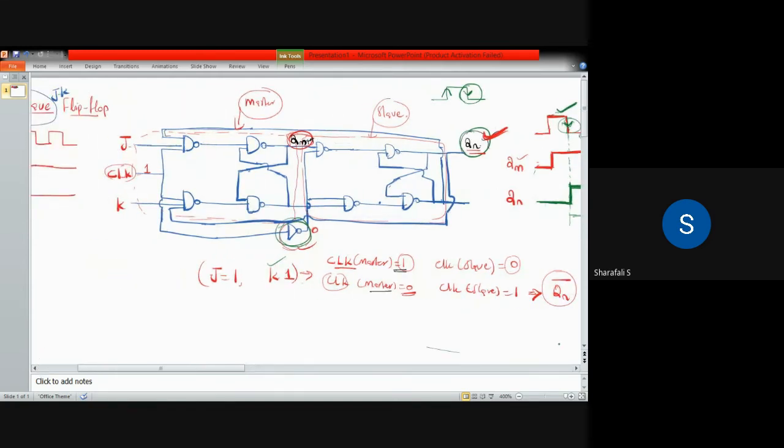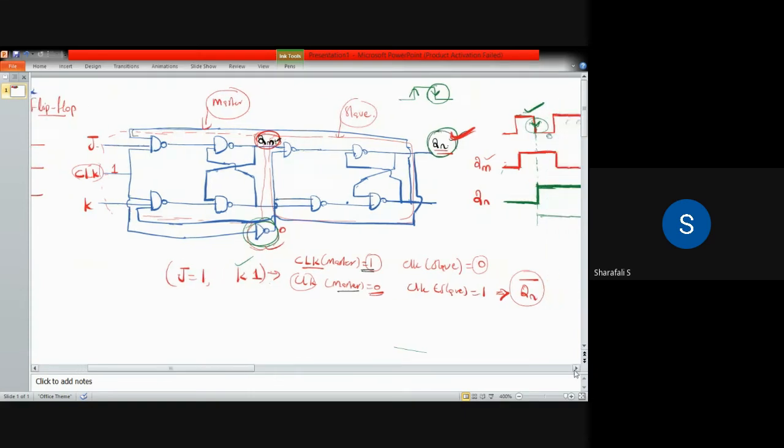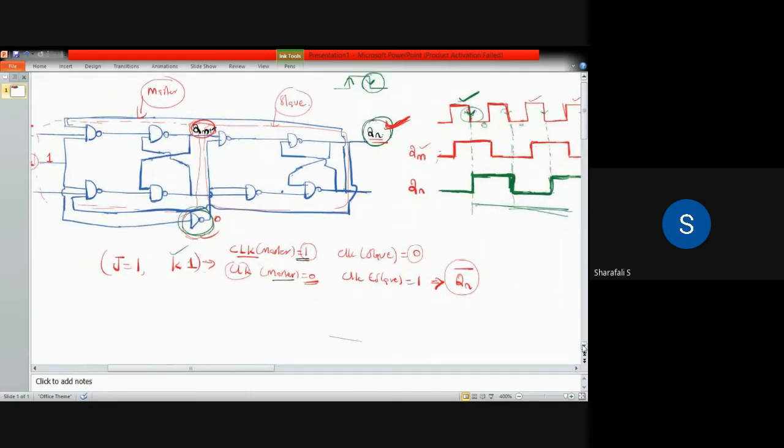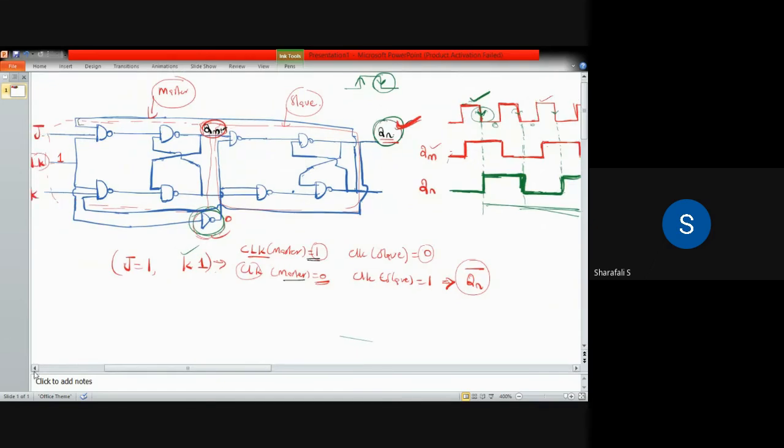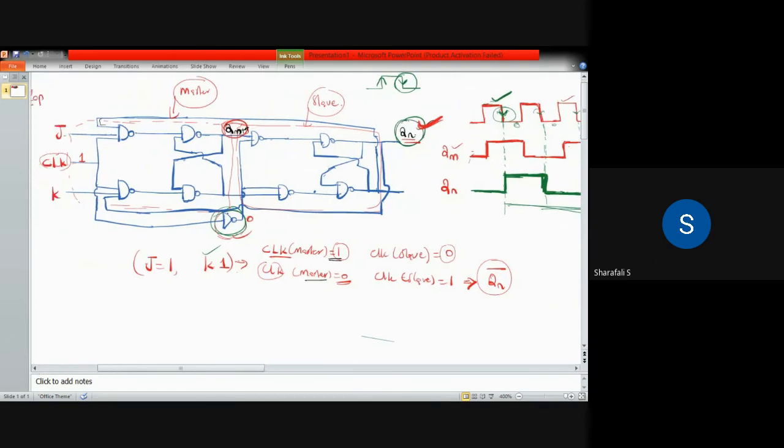And one more thing that you have to note. I hope you understood this operation. So when you are having the NOT gate connected here, we are actually controlling the master and slave operation with this NOT gate.